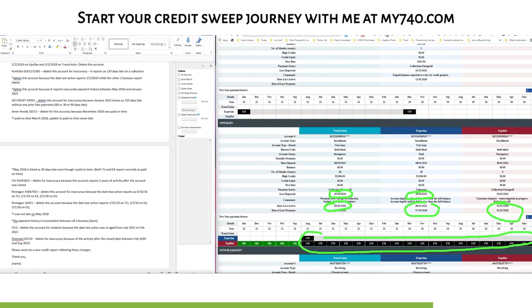Right, you can say delete for inaccuracy because of the activity after the close date between February 2020 and August 2021 in the payment history. Your alternate would be date last active reports as another alternate would be for TransUnion and Experian.